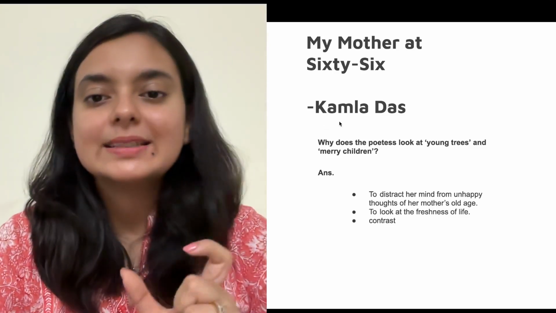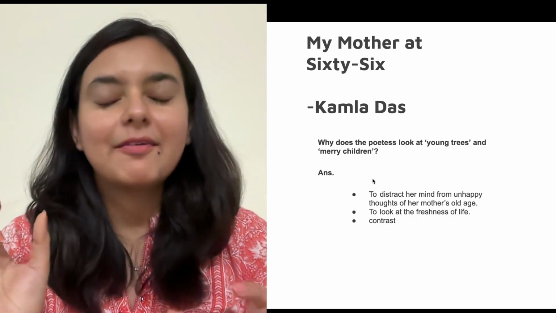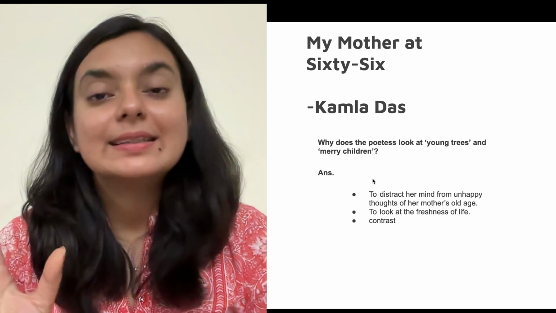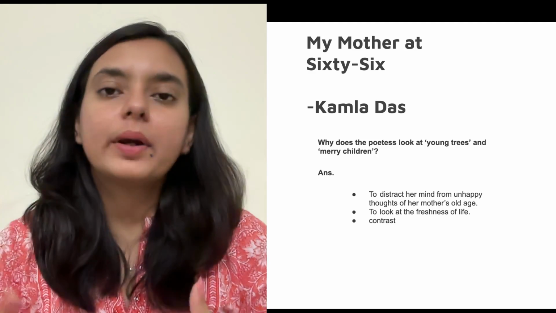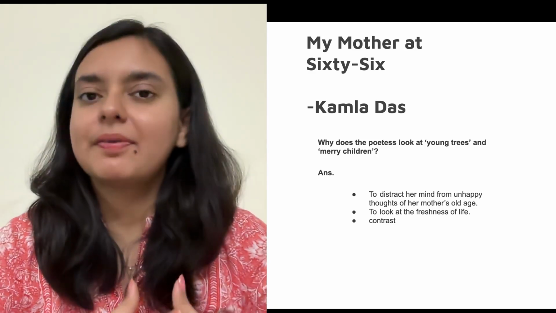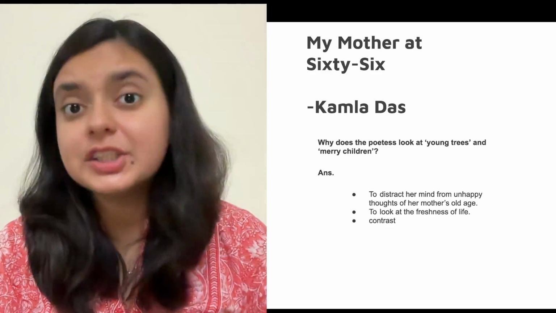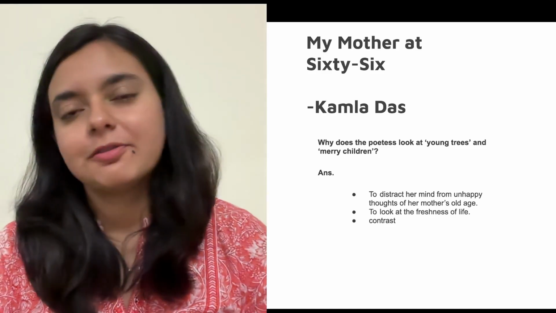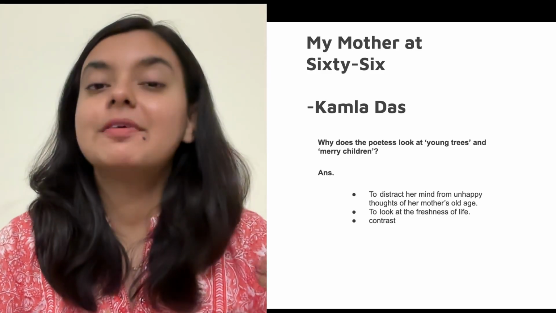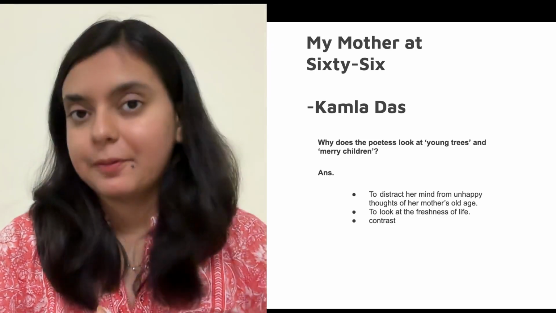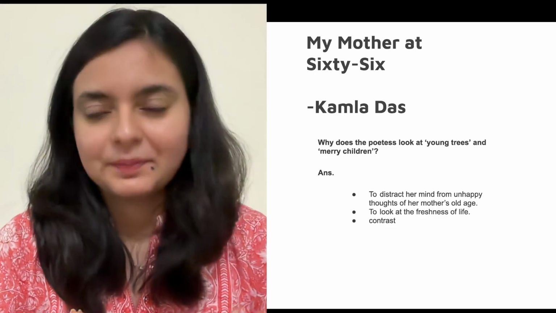Again, young trees and merry children are very important symbols because these are symbols of happy thoughts. If you remember, the poet was apprehensive about her mother's age, and as a result she had fear about her separation from her mother due to death, right?